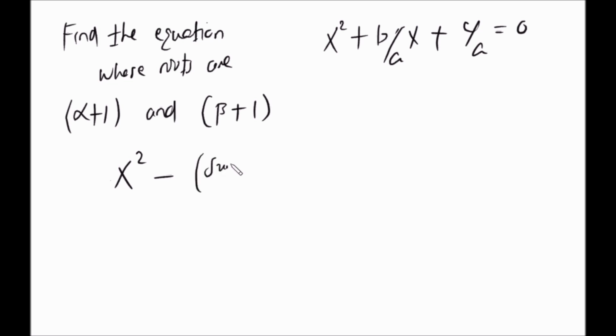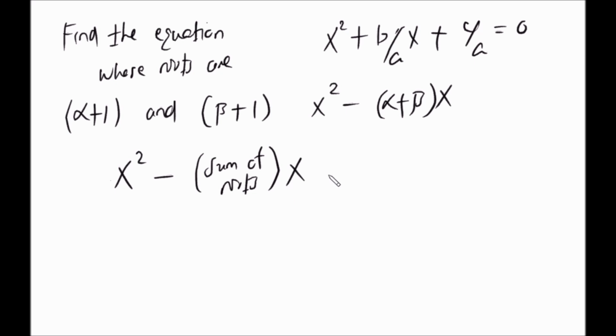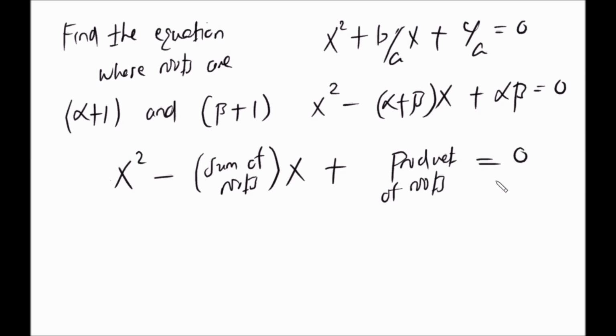So x squared minus (alpha plus beta), which is the sum of roots, x, plus alpha beta, the product of roots, equals 0. So once we have the sum of the roots and the product of the roots, we have the equation.